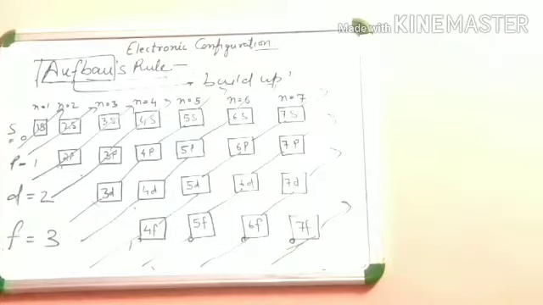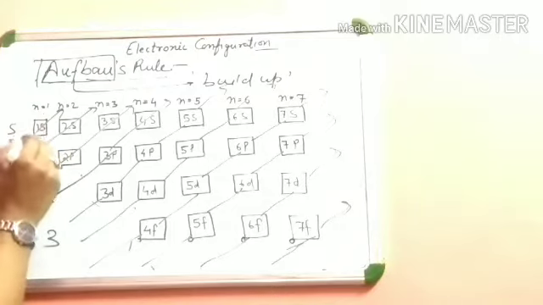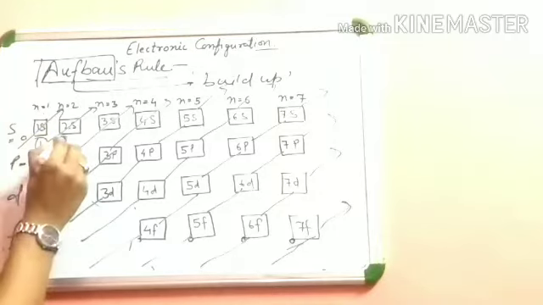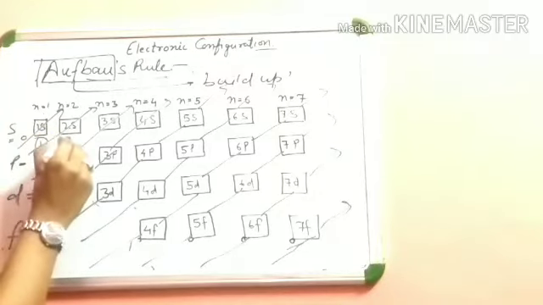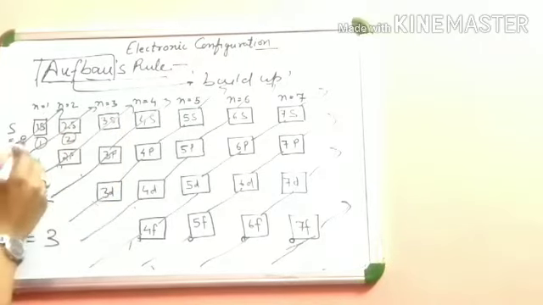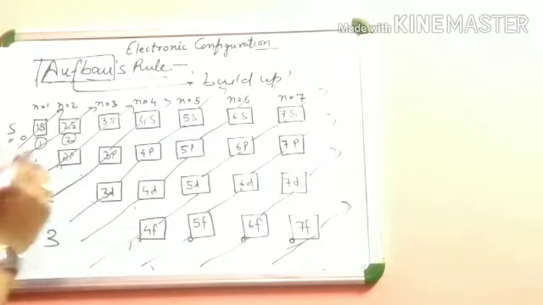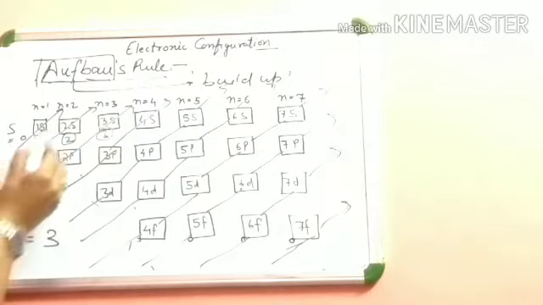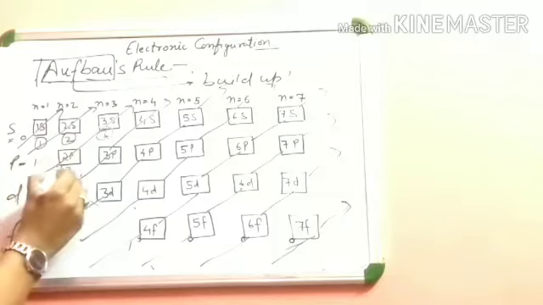Let's check with the help of N plus L. For 1s, L is 0, N is 1, so N plus L is 1. For 2s, N is 2, L is 0, so N plus L is 2. For 3s, N is 3, L is 0, so N plus L is 3. For 2p, L is 1, N is 2, so 2 plus 1, 3.